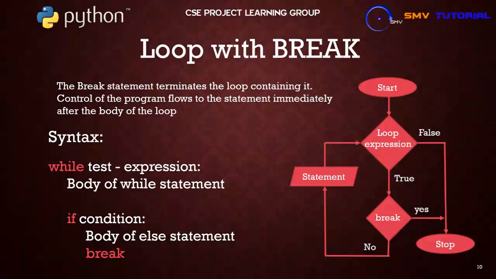If the break is used inside the code and the condition is yes, the execution stops. If no, the break statement is not used and it goes to the next statement. Again it checks the condition. Finally, when the break condition is yes, the execution stops completely. Again it checks the expression first, and then the execution stops. This is the loop with break statement.